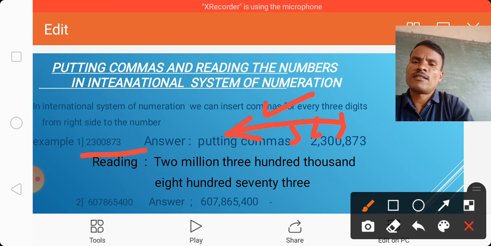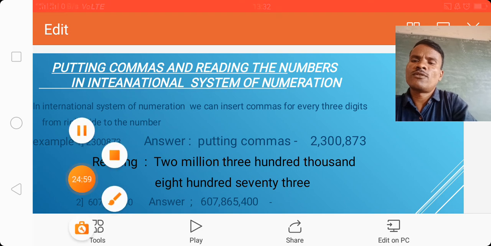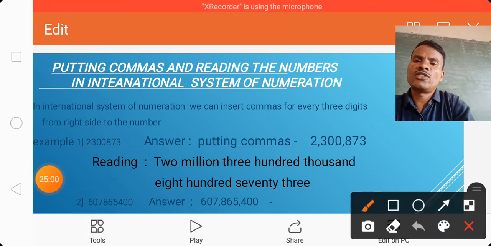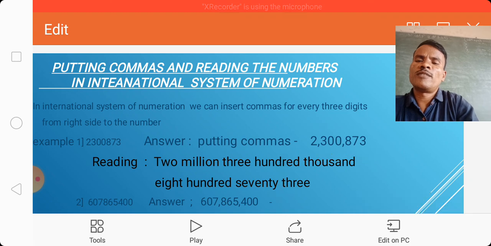We have to put commas for every 3 digits, between 0 and 8, then between 2 and 3. Then how to read this one? 2 is the millions place, 300 is the thousands place, 873 is ones. So 2,300,873. Like this we can read the number.